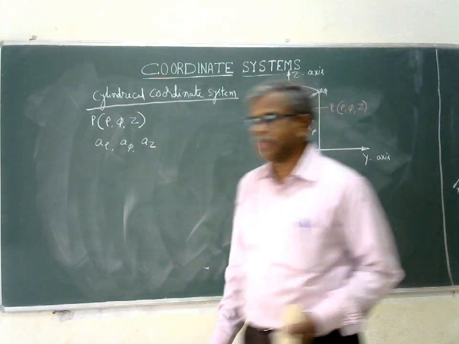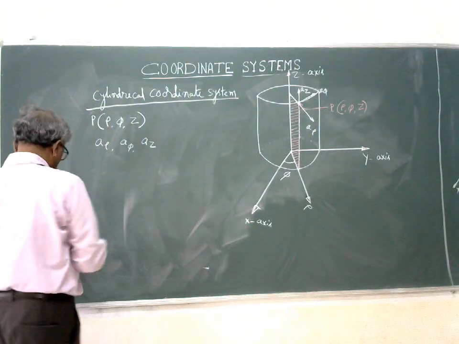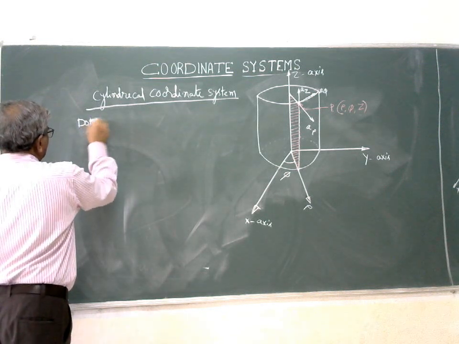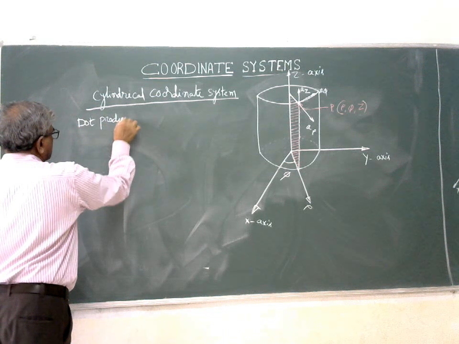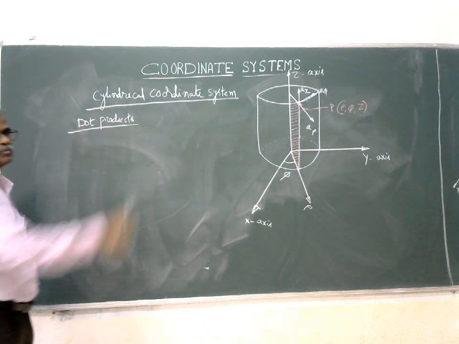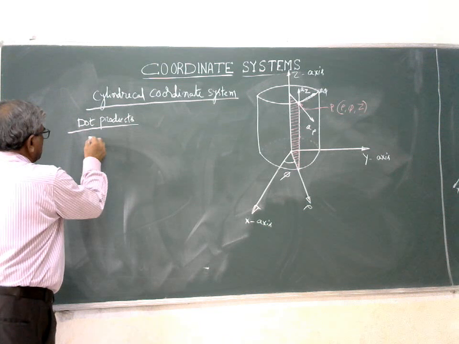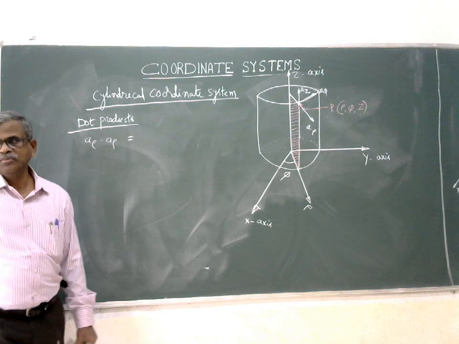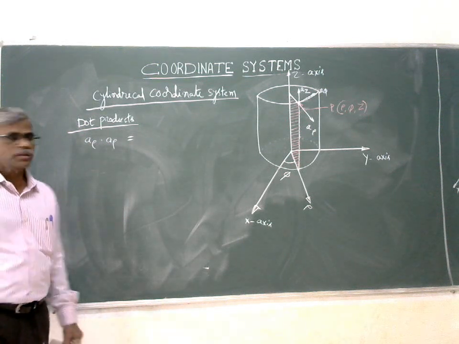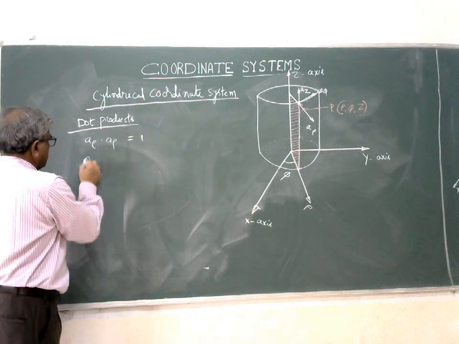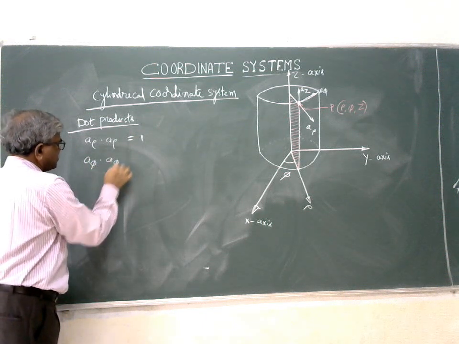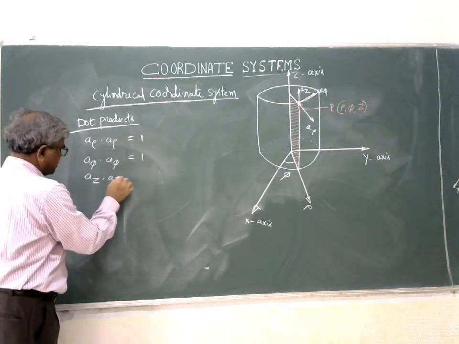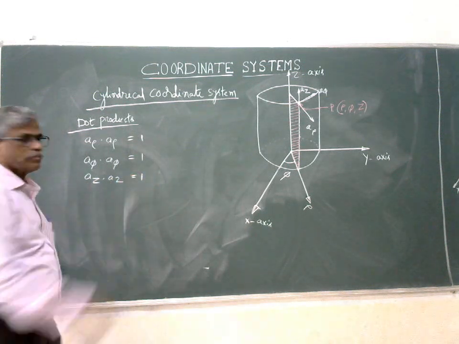Next we will see the dot products. A rho dot A rho: the angle between the same axis is 0, so it is 1. A phi dot A phi is equal to 1 and A z dot A z is equal to 1.